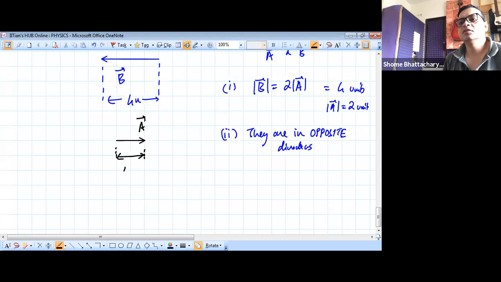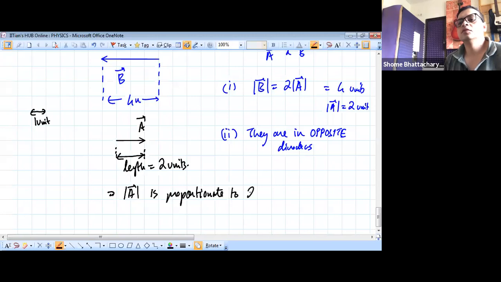You can say this length is equal to, I can say, 2 units, where this is 1 unit. Understood? So that means the magnitude of vector A is proportionate to two units. Understood the point, Sana, beta?